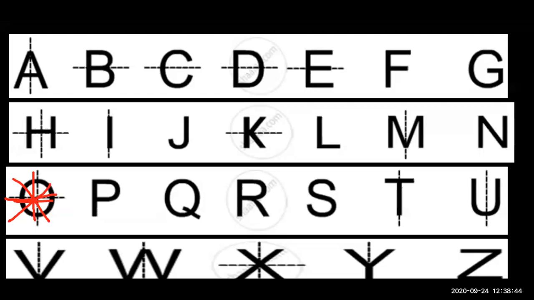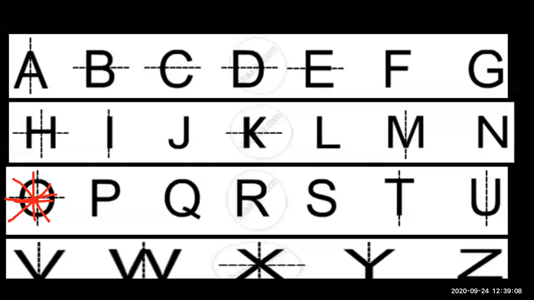Now what are the remaining alphabets which don't have any axis? उसमें axis बन ही नहीं सकता है. What are those letters? Very good. There are 8 alphabets.